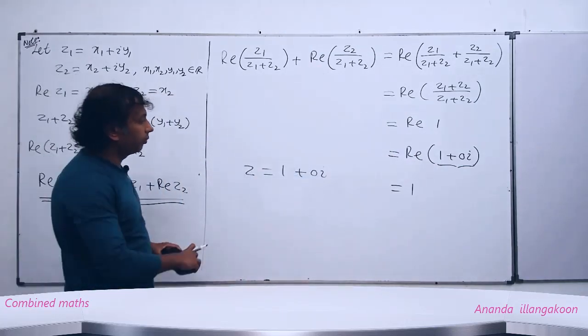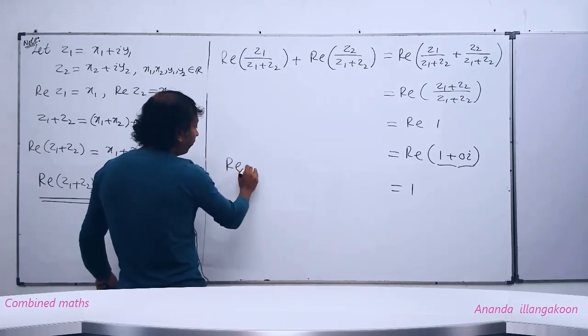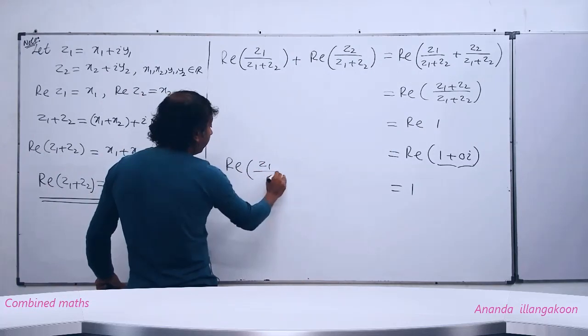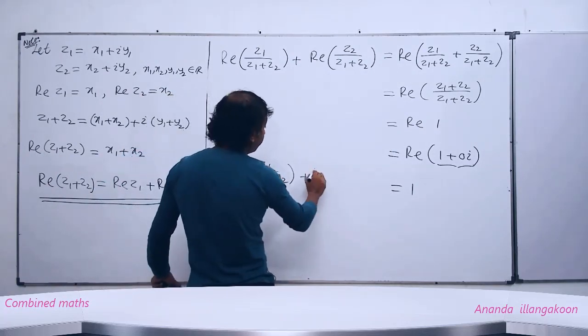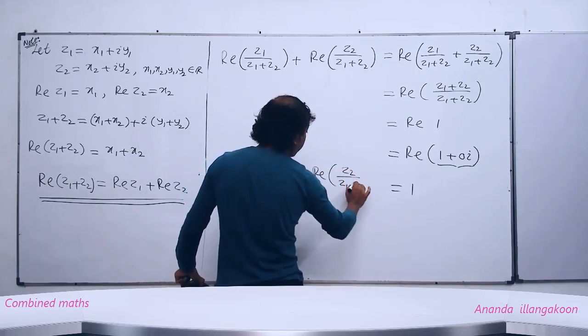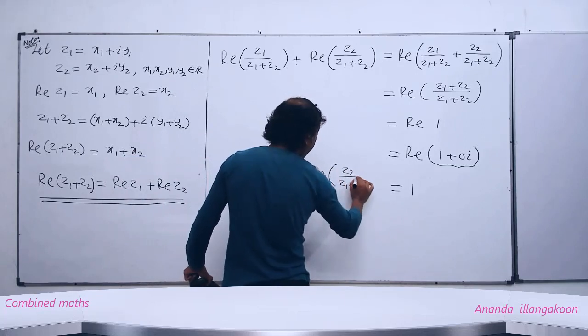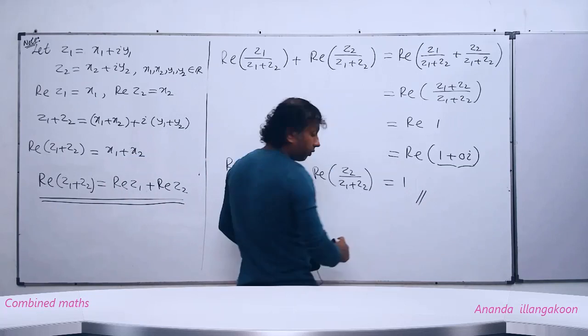Then you can write the real part of Z1 divided by Z1 plus Z2 plus the real part of Z2 divided by Z1 plus Z2 equals 1. That we got.